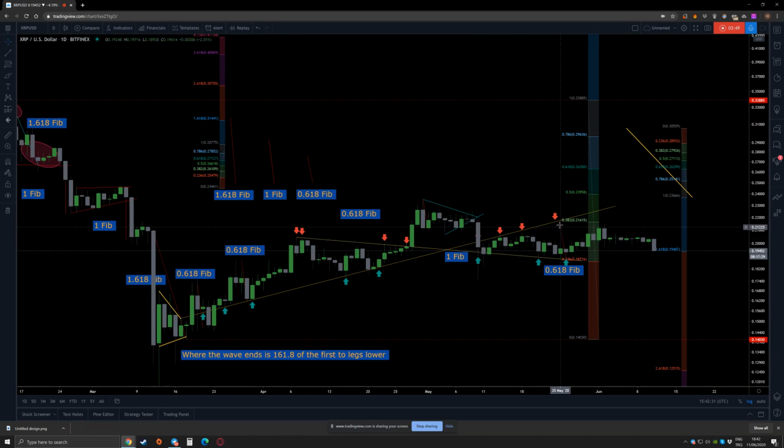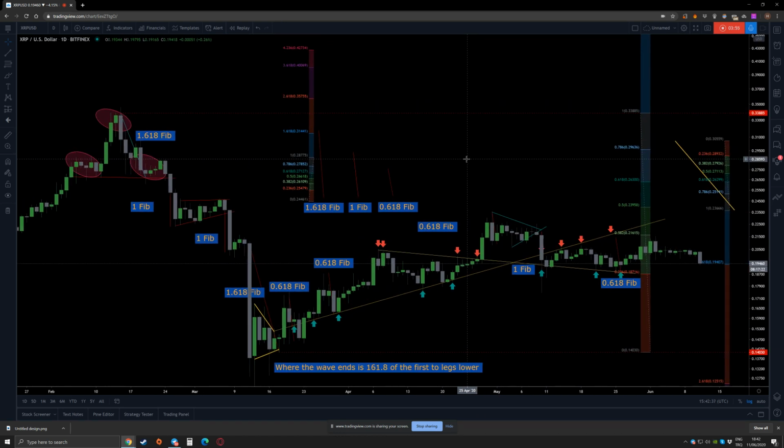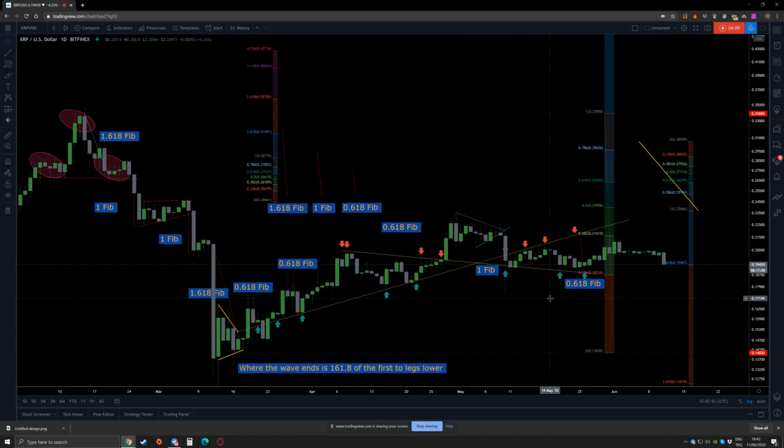So what I'm trying to say is that sometimes when you understand the length of some waves, you can use it to your advantage by adding it to your further analysis. This is something very useful. Also, when you're trading, don't think that just drawing a trend line is not useful.